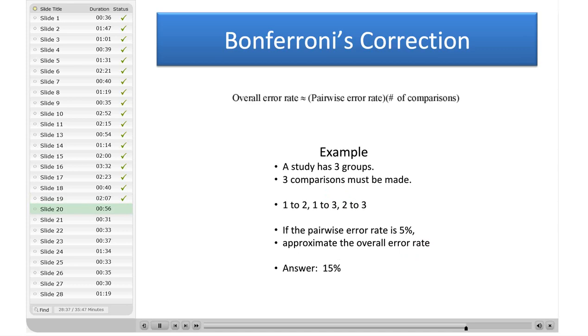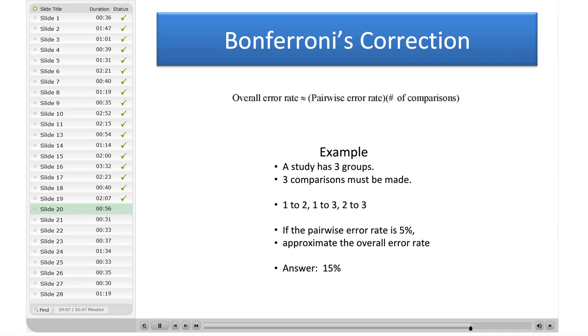Bonferroni's correction comes into play whenever you're conducting a test that involves a bunch of individual comparisons. The problem with making a whole bunch of comparisons like we're doing in the post hoc tests is that if you have an error rate for each one of those comparisons, then it magnifies the overall error rate. The formula we're going to look at is: the overall error rate is approximately equal to the pairwise error rate times the number of comparisons.